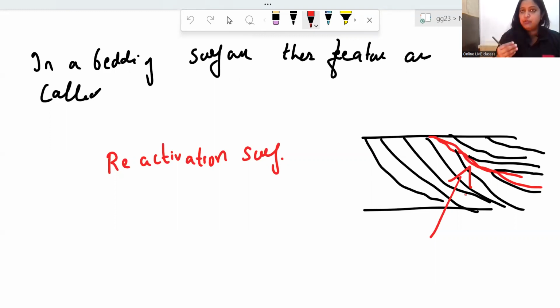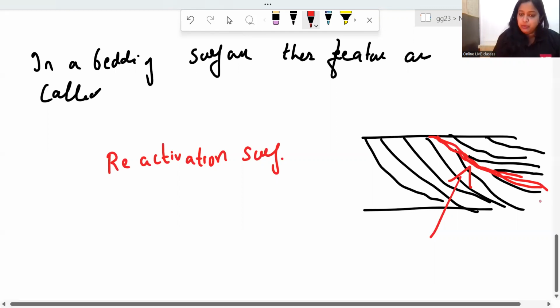A set of cross beds can be eroded, like the stoss side or the top part of the lee side, and the next set of cross bedding can be deposited on top of that erosional surface. So that is what is called a reactivation surface, formed in the cross bedding because of tidal movement.